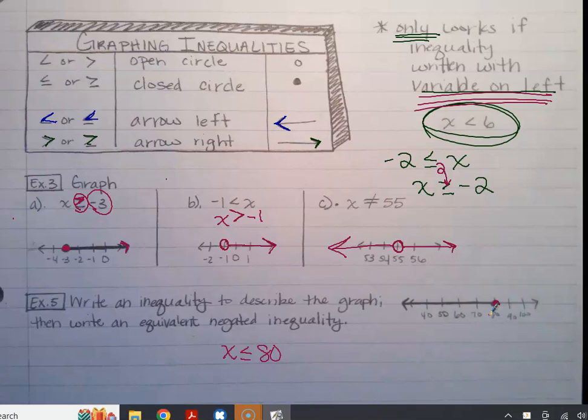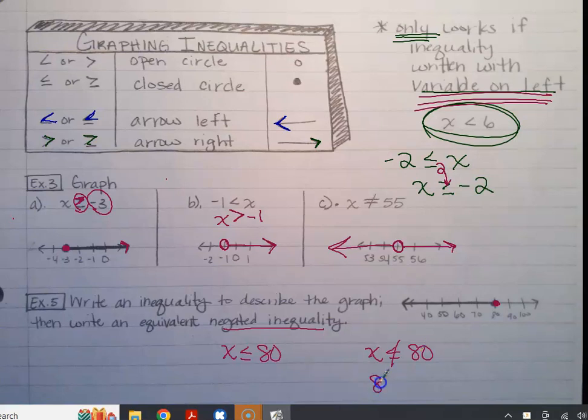Great. So then what's the negated inequality? Would it be x is less than 80? It's greater than 80, not less than. Okay, so remember, negated means x is not less than or equal to 80, right? If we negate it, that means, like we talked about earlier, we essentially flip the sign.